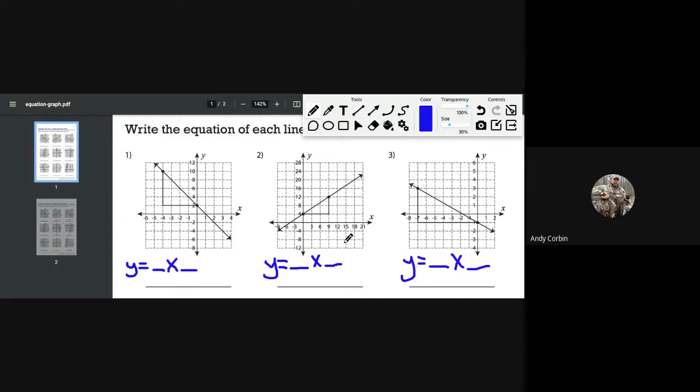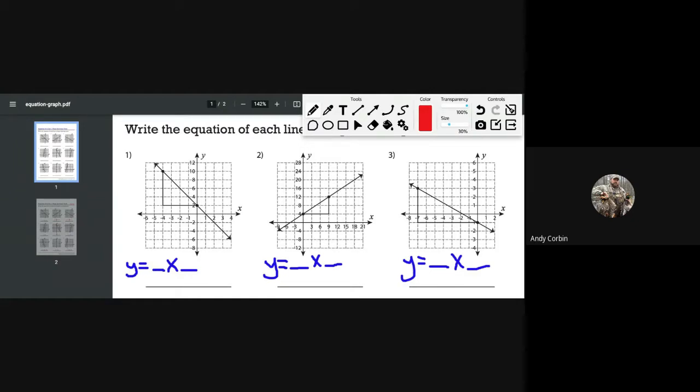So what you have to do is you have to find two things from the graphs. You have to find the slope and you have to find the y-intercept. Now, let me tell you what's going to be different a little, and we need to practice this. It's going to be different for these. Like look at number 1. What do you notice about the x and y axis?